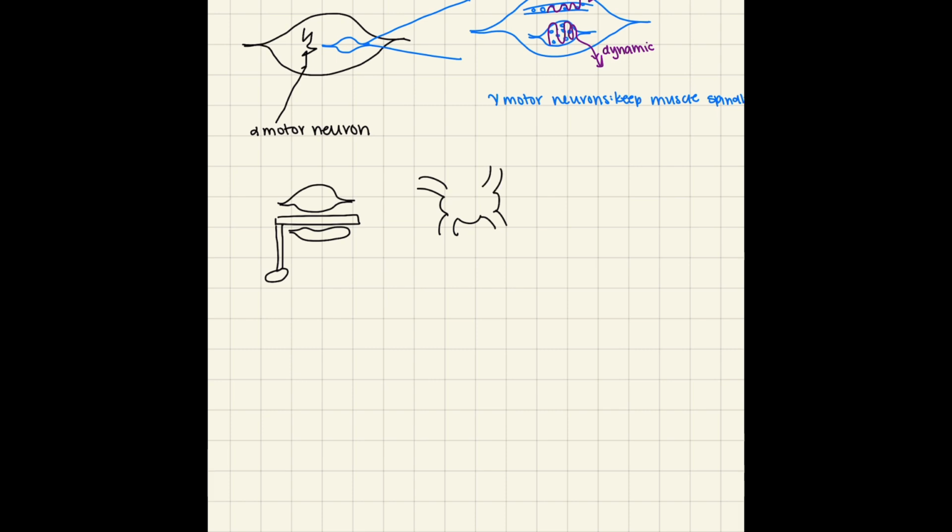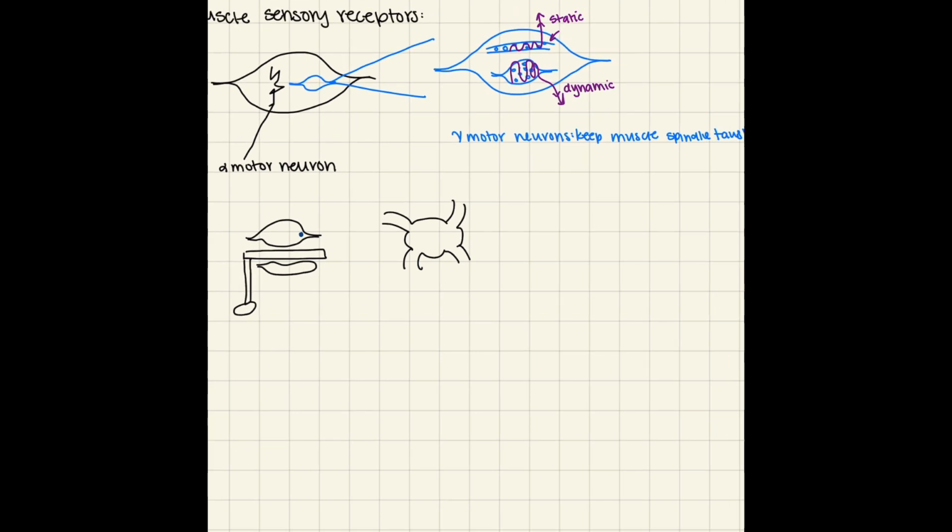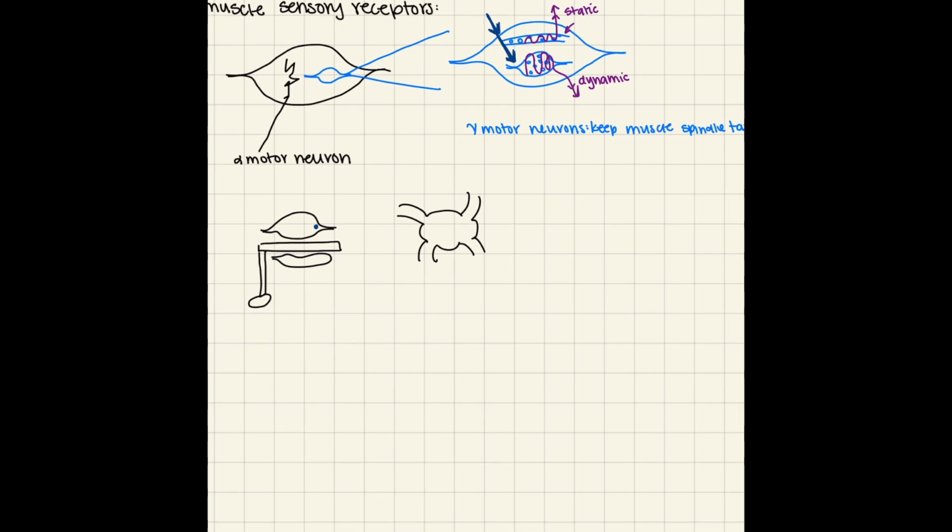If we start stretching the quad muscle, so somehow we start stretching the quad muscle right here, this stretch receptor, this dynamic sensory neuron, is going to receive that input and send it to the spinal cord.